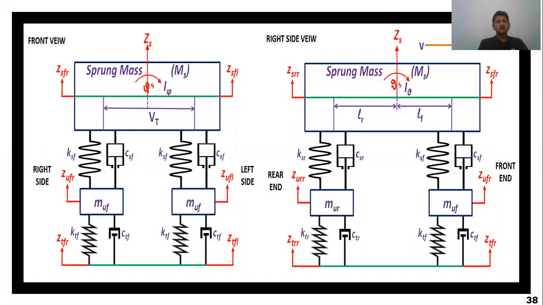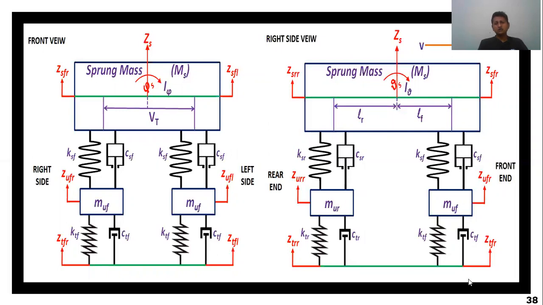So this is the half car suspension system line diagram, in which there are 2 main parts: the sprung mass and unsprung mass. The sprung mass is supported by the suspension system, and the unsprung mass is below the suspension system. This is the front view, and this is the left side view.